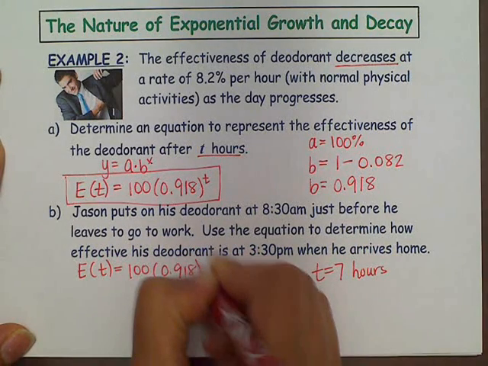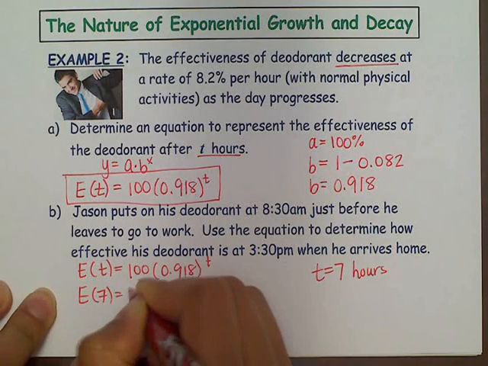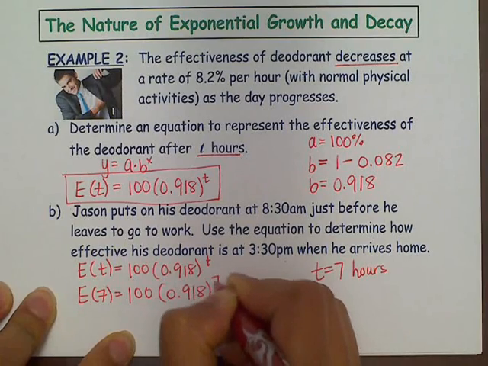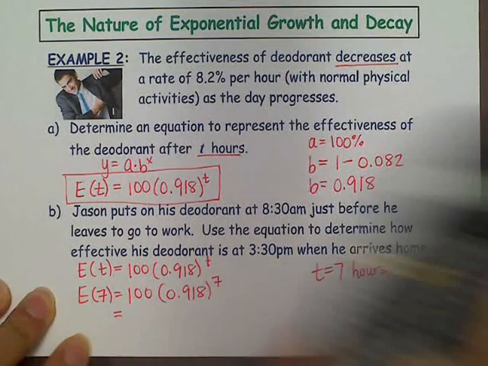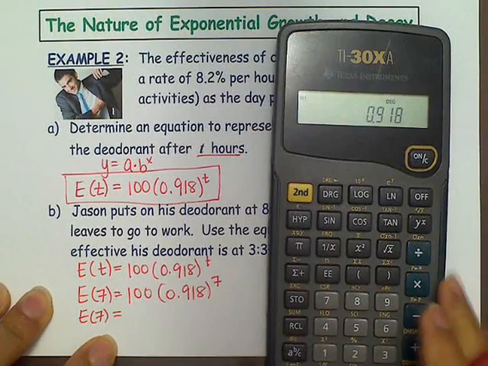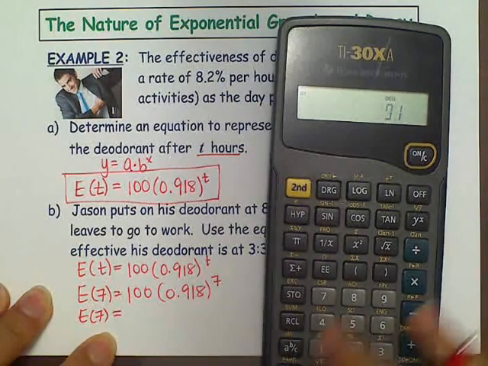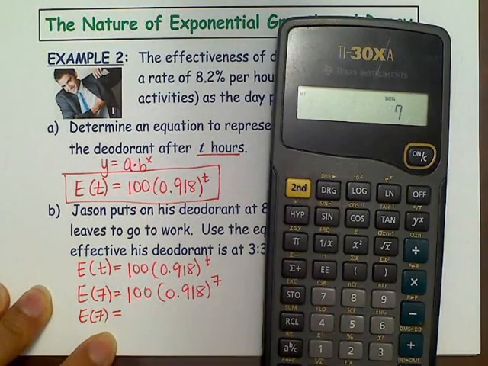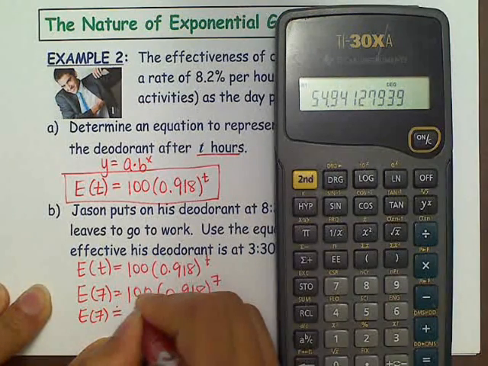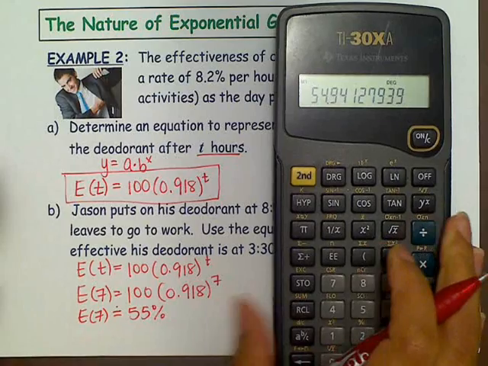And so all we need to do is use our equation and substitute in the information that we know. And so I have E of 7 is equal to 100 times 0.918 to the exponent 7. And I can figure out what that amount is by using my calculator. So 100 times 0.918 to the exponent 7. And that gives me about 55%.